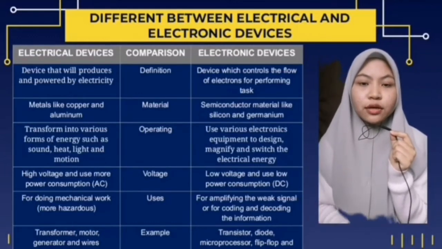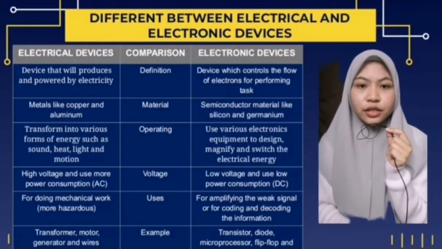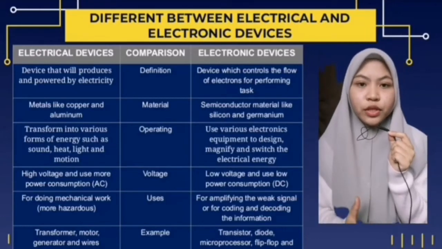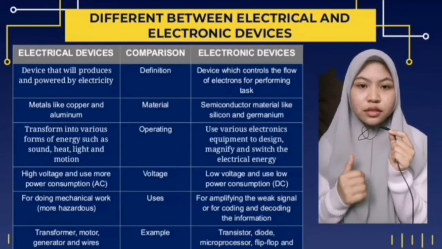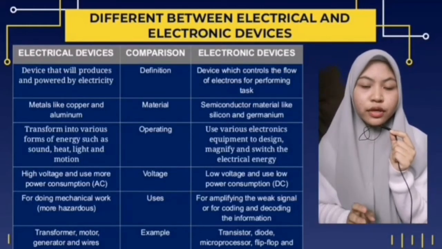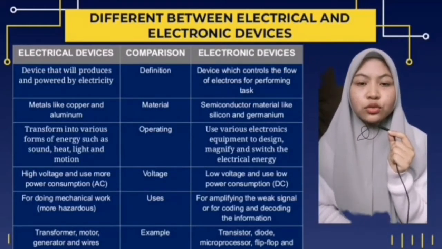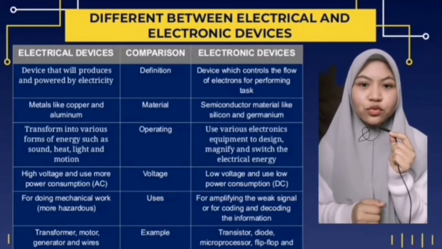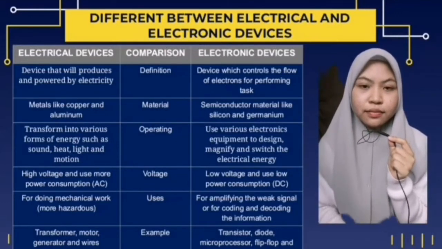Thirdly, for the operation, electrical devices transform electricity into various forms of energy such as sound, heat, light and motion. But electronic devices use various electronic equipment to design, magnify and switch the electrical energy.